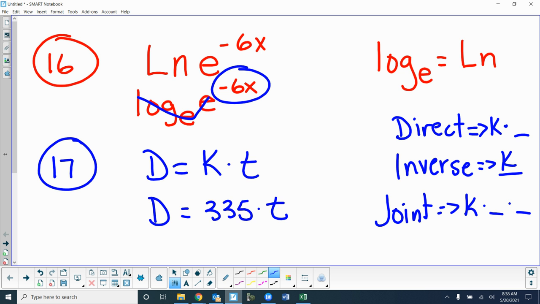Or you could put distance is 335 and it's per second, so time would be 1. K times 1 is K is 335. So basically they're telling you the K value.